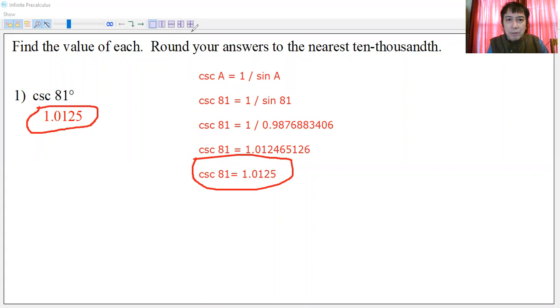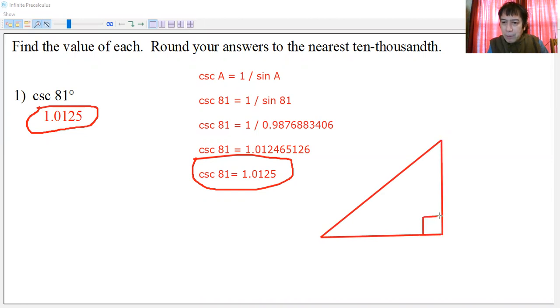Now to cite the concept about these reciprocal functions, we can draw a right triangle here. Let this be our 90. Let's consider the angle ACB.